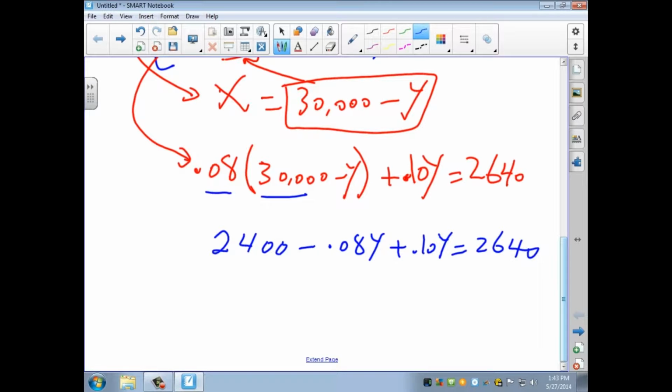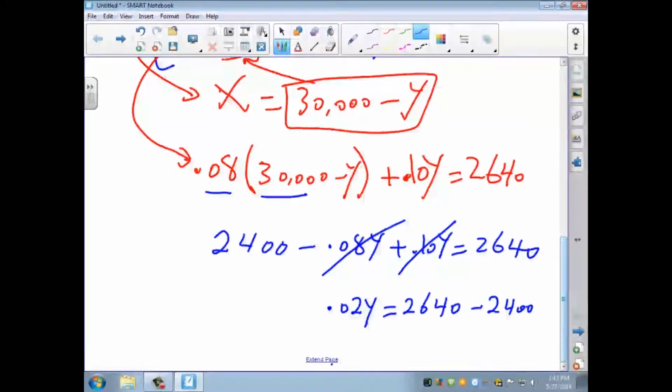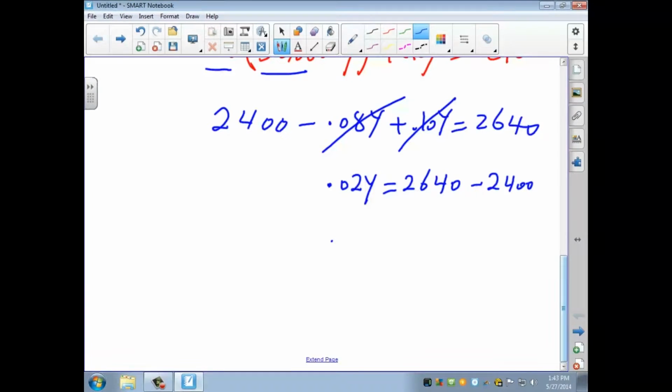Then on the left hand side you keep your y, so minus 0.08 y and plus 0.1 y would give you 0.02 y equals 2640. You take the 2400 to the other side, it would be minus 2400. Therefore 0.02y equals 2640 minus 2400 would be 24.